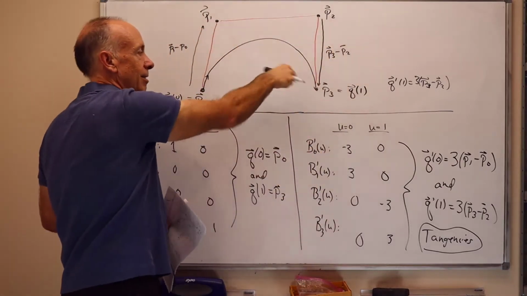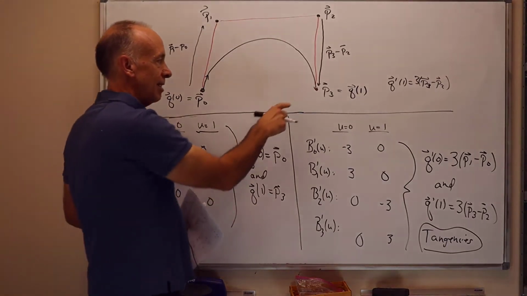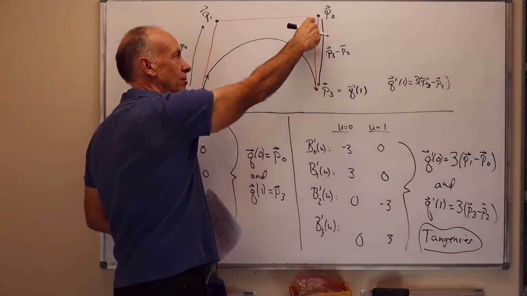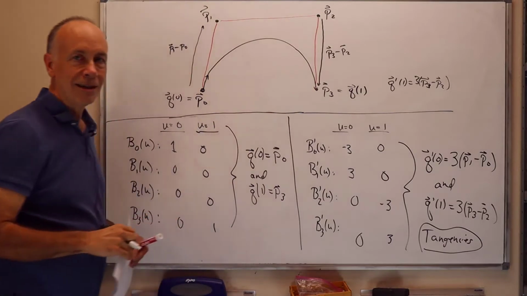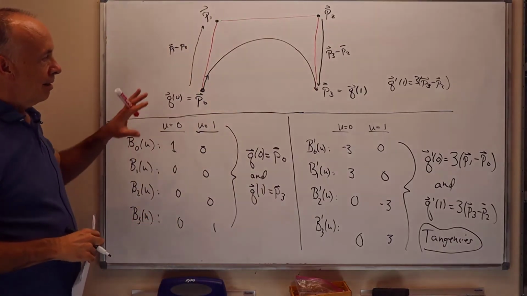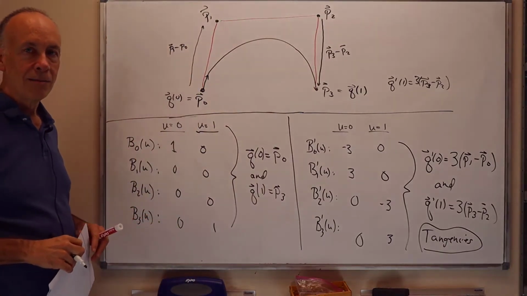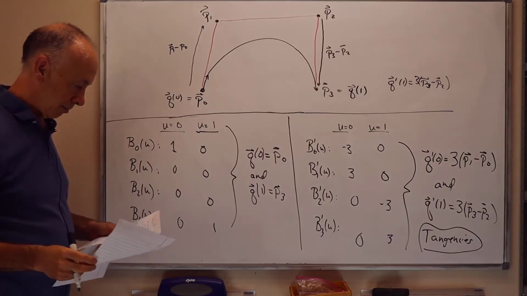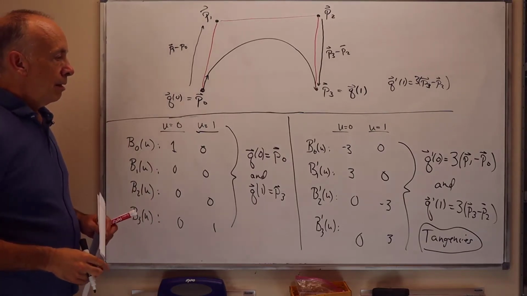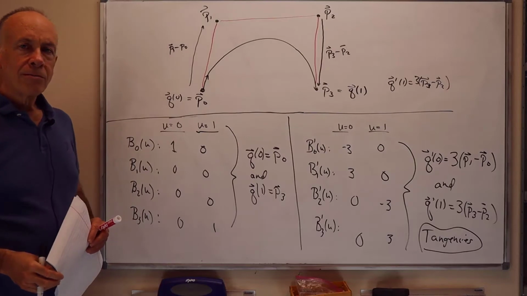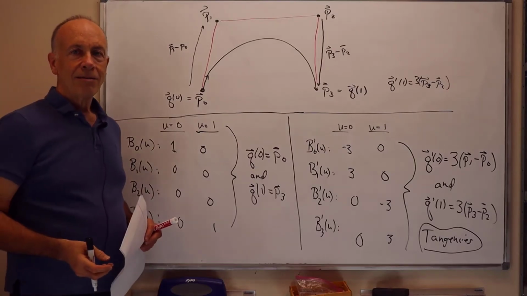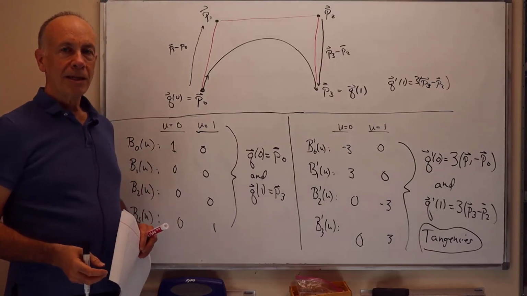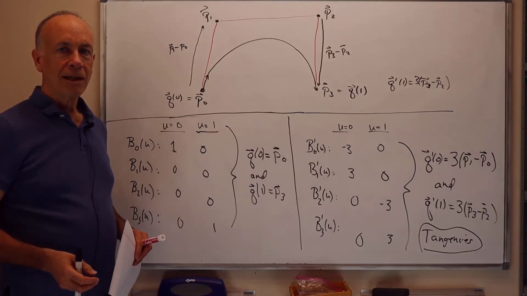So it's coming in at a rate, in the limit, that would take you from P2 to P3 in 1/3 of a time unit. So that is enough to prove the assertions I made earlier about the tangencies. So these are the definitions and the basic properties of degree 3 Bezier curves. I'll do some examples in the next presentation.